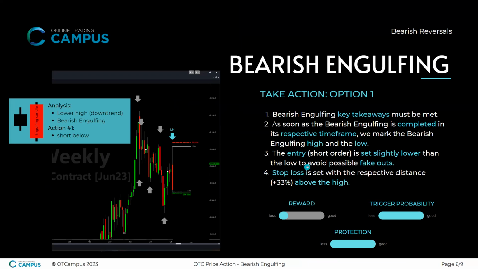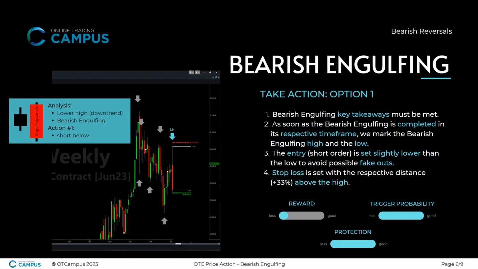The entry, the short order here, is set slightly lower than the low to avoid a possible fake. That means that's a low, your short is a little bit lower. Should we get more weakness, you will be filled, and that's fine. Number four, stop loss is set with a respective distance. For example, blueprint stop loss, additional 33% above the bearish engulfing high.